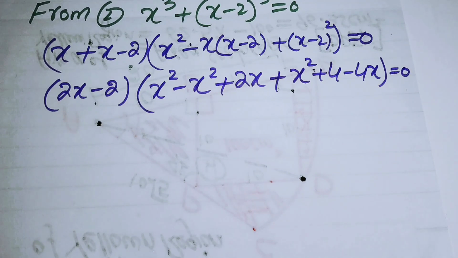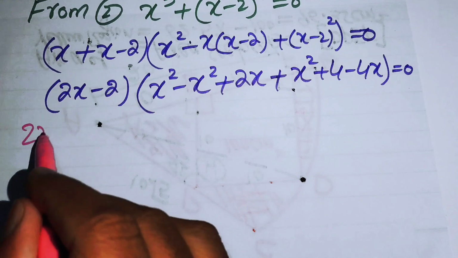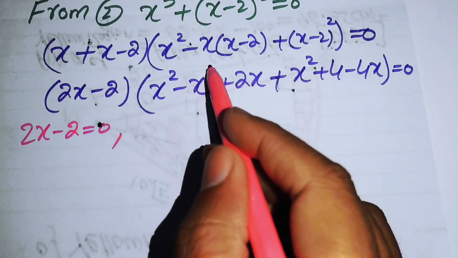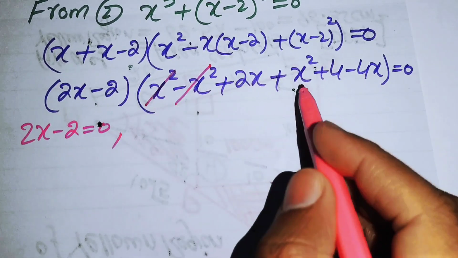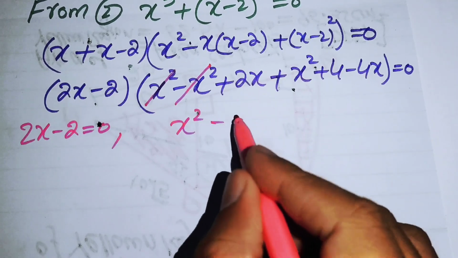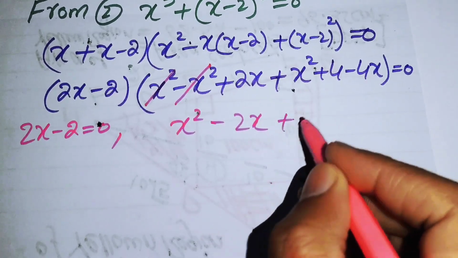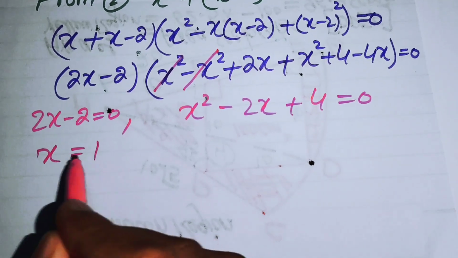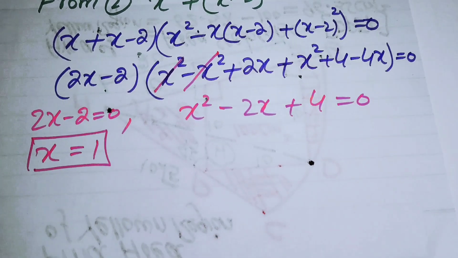Our first case is 2x minus 2 equals 0, and the second case is, simplifying the terms and cancelling these, x squared, and 2x minus 4x equals minus 2x, plus 4 equals 0. In the first case you will easily get the value x equals 1. So this is our third root of this problem.